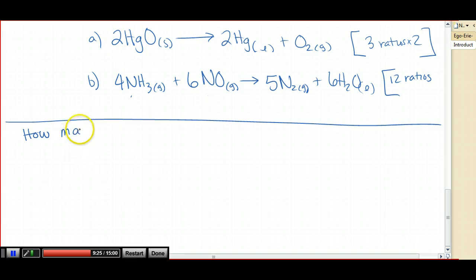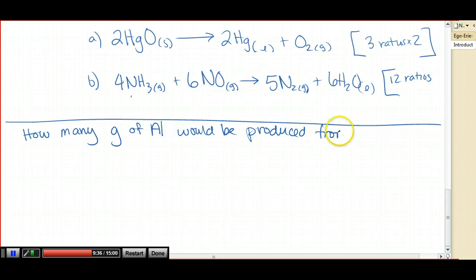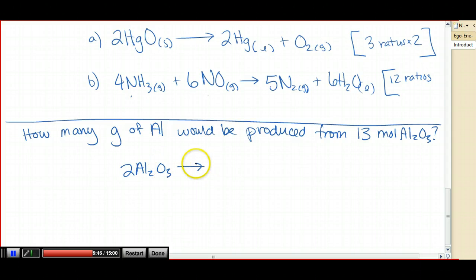What if I had how many grams of aluminum would be produced from 13 moles of aluminum oxide? Remember, our balanced equation is 2Al2O3 gives 4Al plus 3O2.